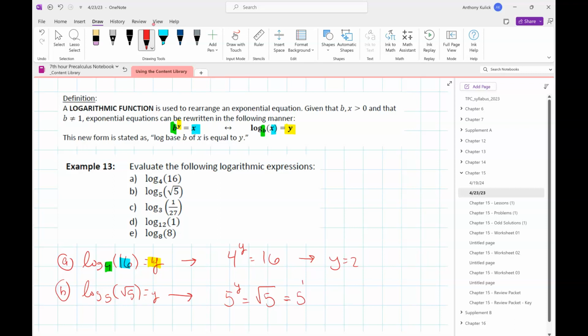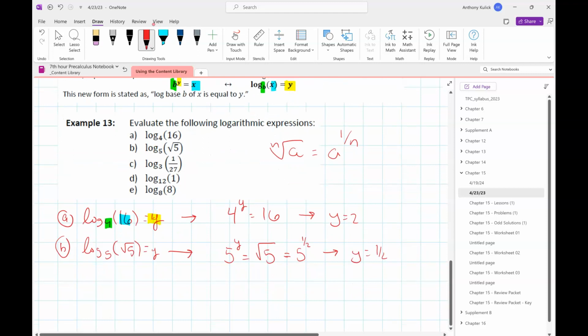It's 1/2. Remember that? That's our property of exponents. So what does y got to be then? Oh, come on. It's sitting right there. 1/2. Thank you, Avery.